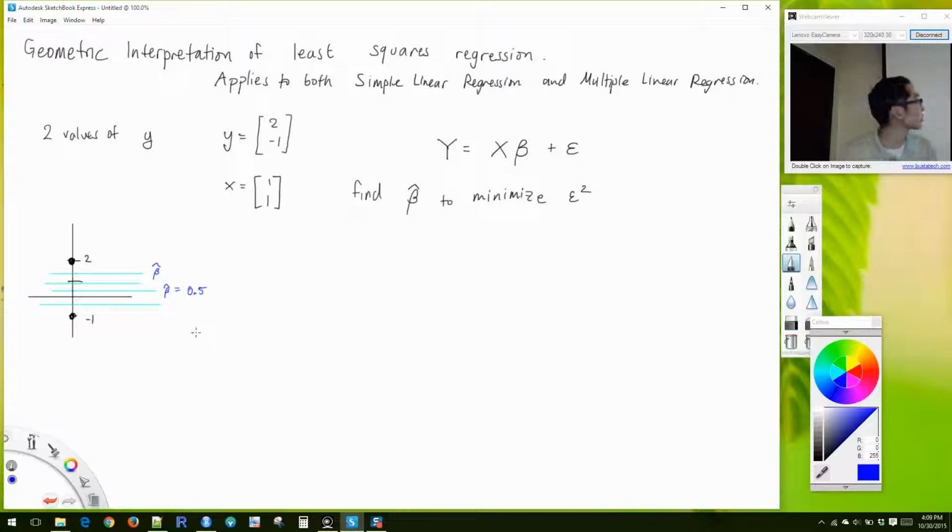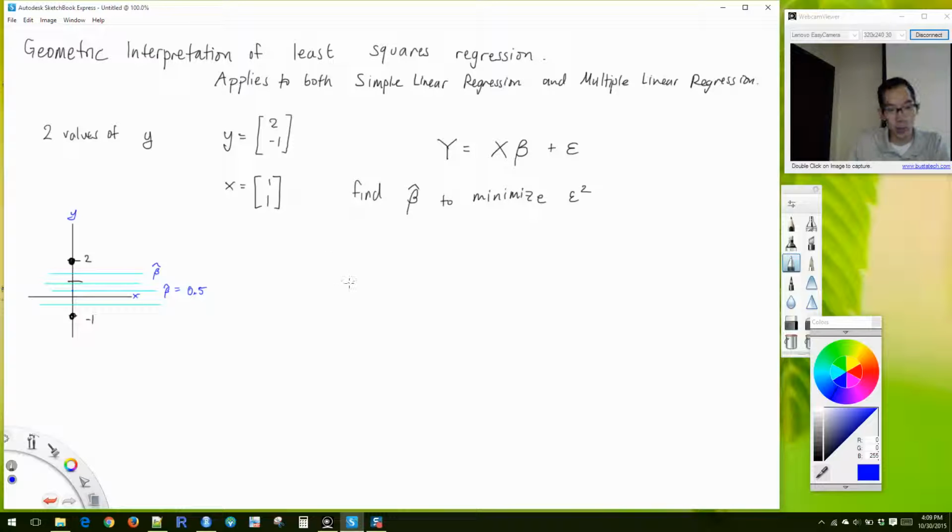So this is very easy to see visually. This is y, and this is x. But we're going to do this in n-dimensional space now. Because we only have 2 data points, our n is 2.